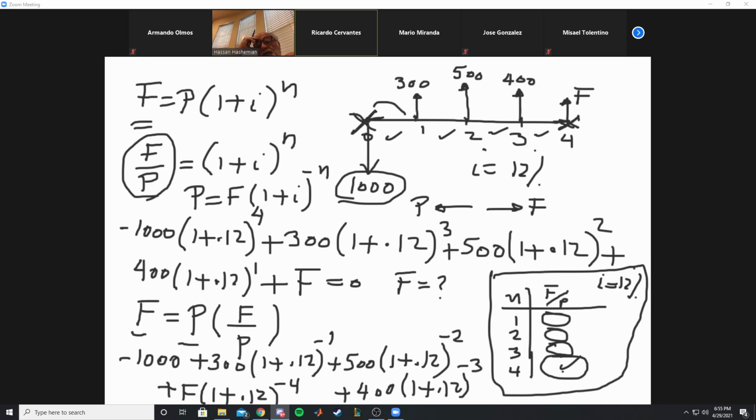Or if you look at the table, there's another column right beside the F over P called P over F. So P equals F, I open the parentheses and I have to put P over F. So if I read the P over F from here, I can use it instead of (1 plus 0.12) to the power of minus 1, minus 2, minus 3, and minus 4.